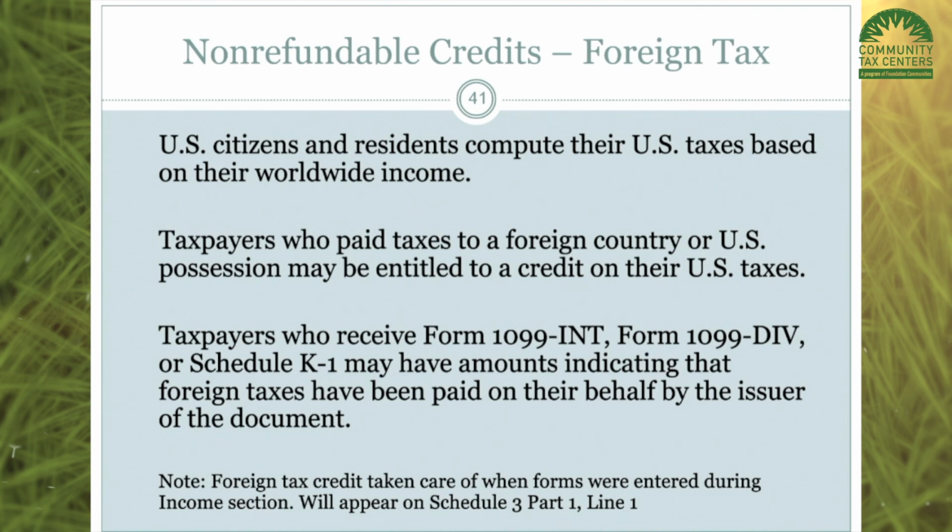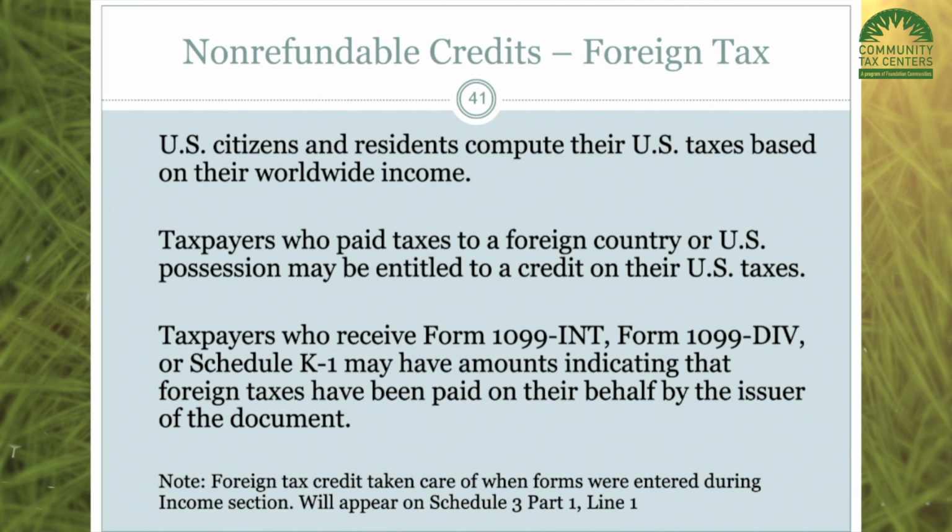U.S. citizens and residents compute their U.S. taxes based upon their worldwide income. Taxpayers who pay taxes to a foreign country or U.S. possession may be entitled to a credit on their U.S. taxes. Taxpayers who receive Form 1099 interest, dividend, or Schedule K-1 may have amounts indicating that foreign taxes have been paid on their behalf by the issuer of the document.